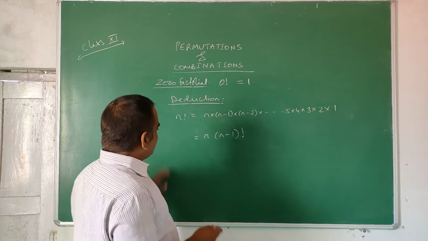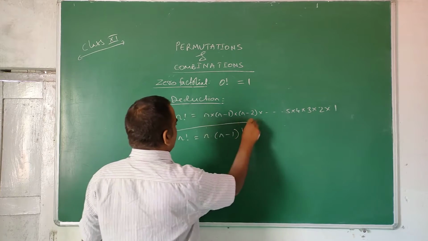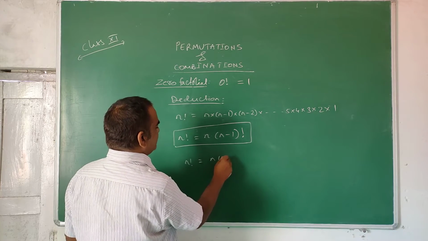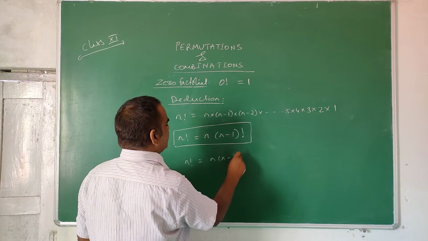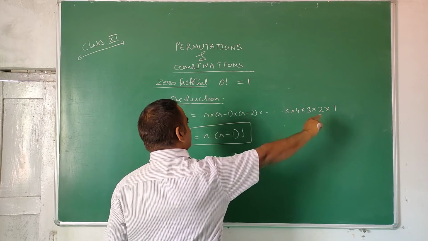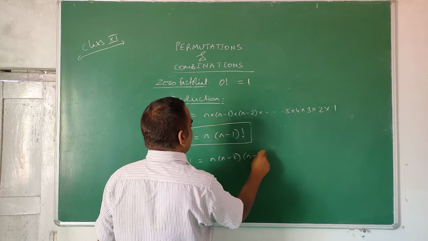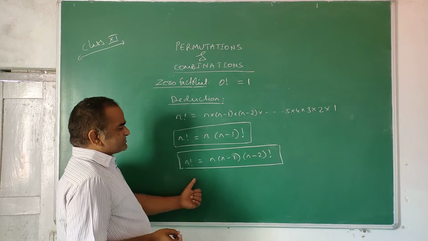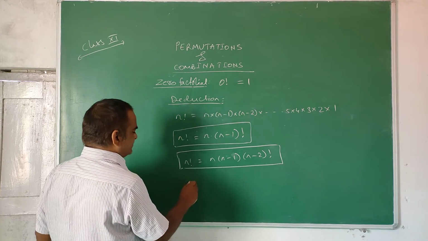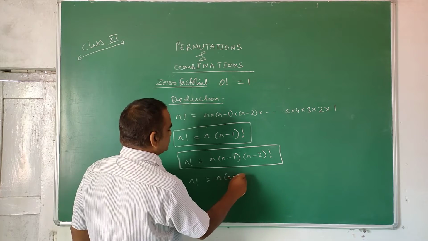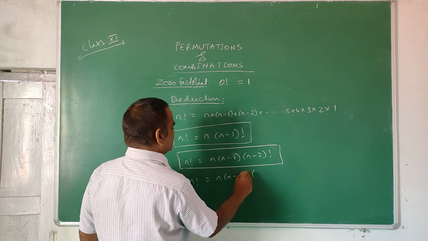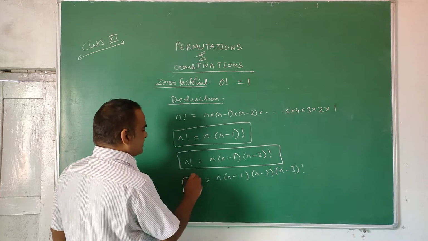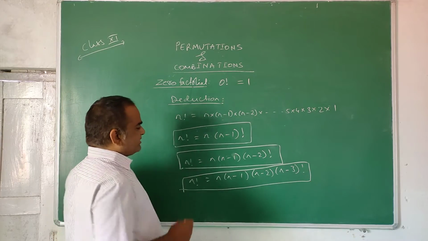So n factorial can be deduced as n into n minus 1 factorial, and again the same way n factorial can be deduced as n into n minus 1 into n minus 2 factorial. Similarly, n into n minus 1 into n minus 2 into n minus 3 factorial. So like this, in a convenient manner you can reduce n factorial.